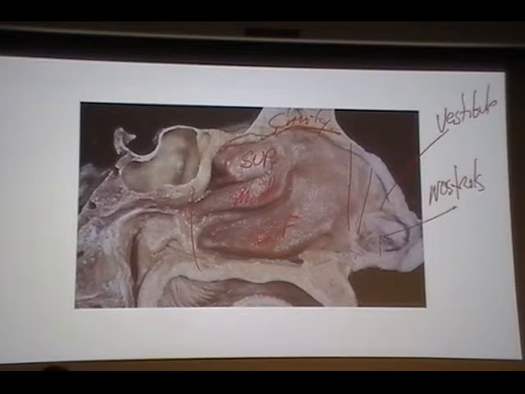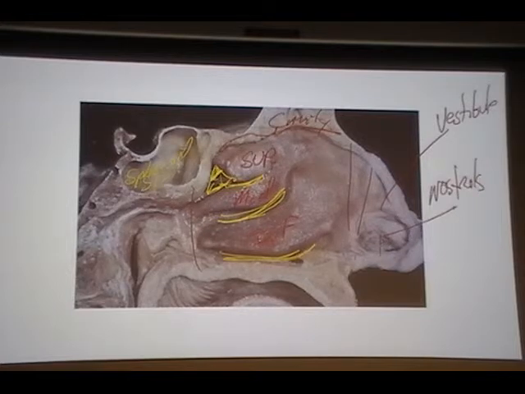Here is the inferior meatus, the middle meatus, the superior meatus, and this space back here between this is the sphenoid sinus, and the back of the superior concha. This is called the sphenoethmoidal recess.